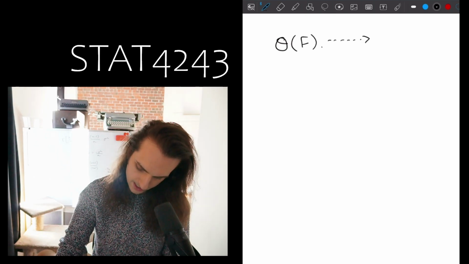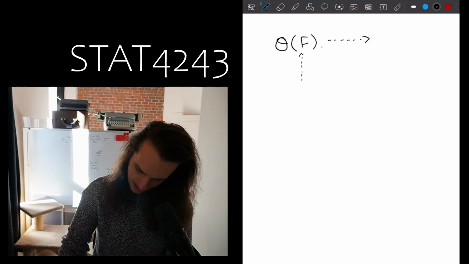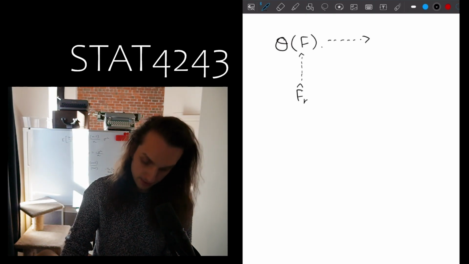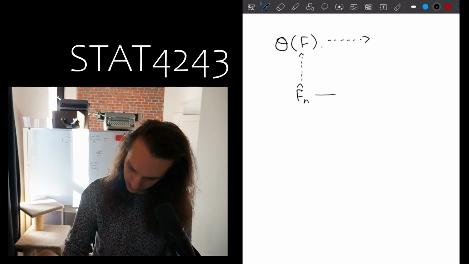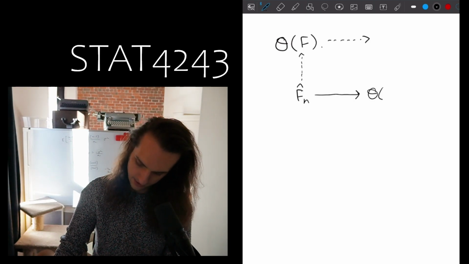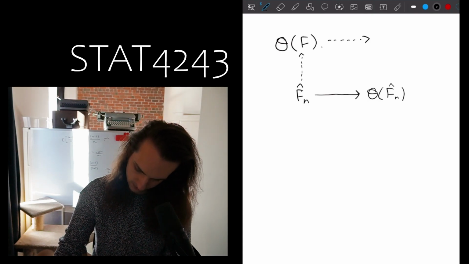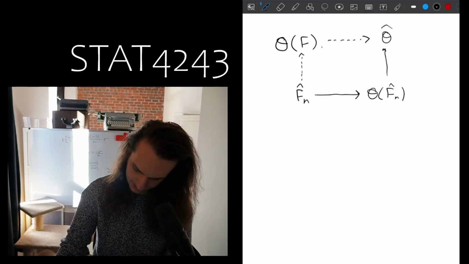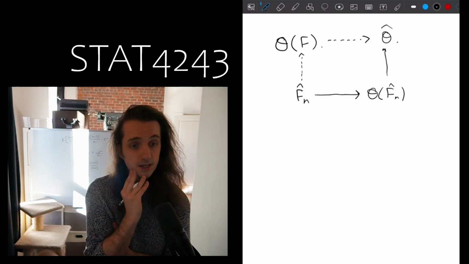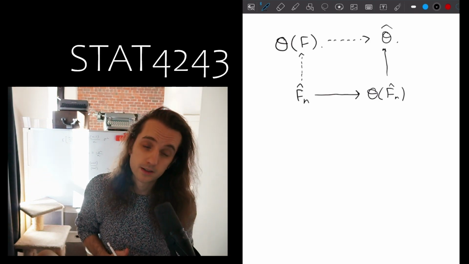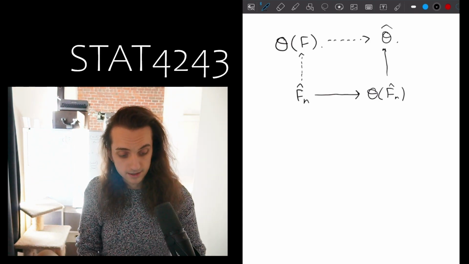So what we say is that F is going to be well estimated by F hat n. And so then theta of F hat n should hopefully give us this theta hat that we need, right? It's not always going to work, but it's this intriguing little idea here.